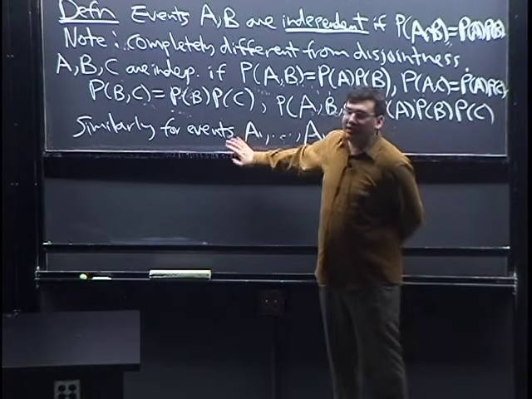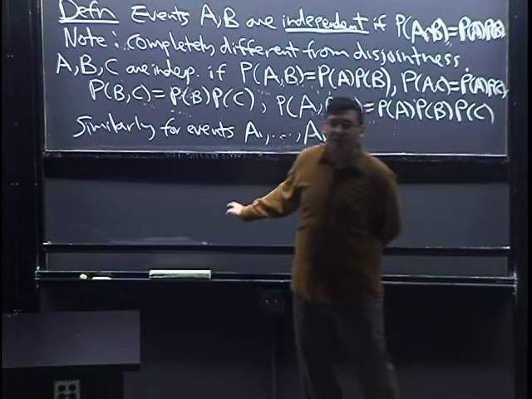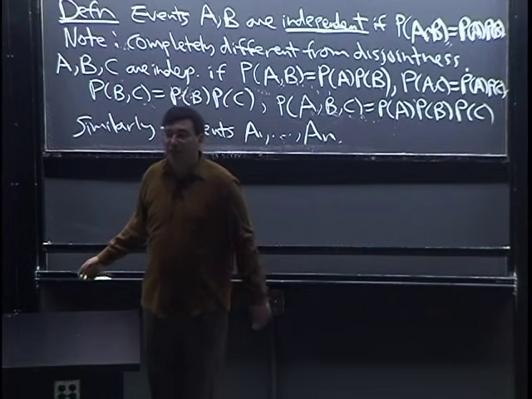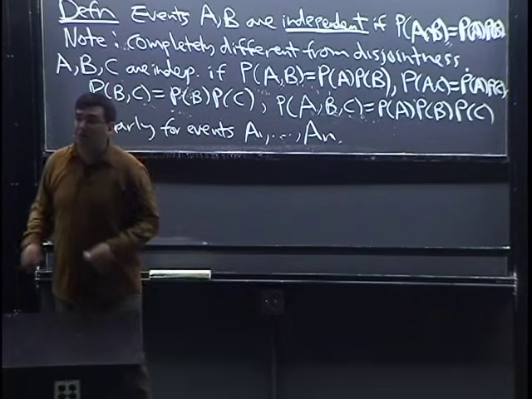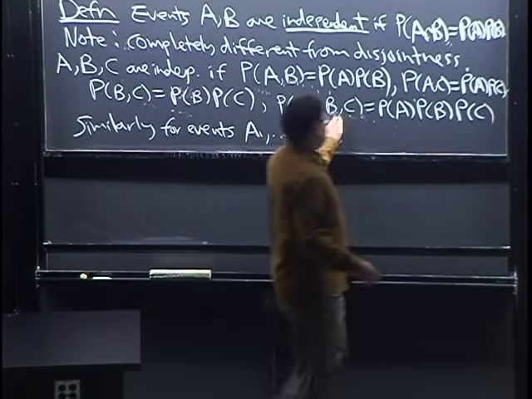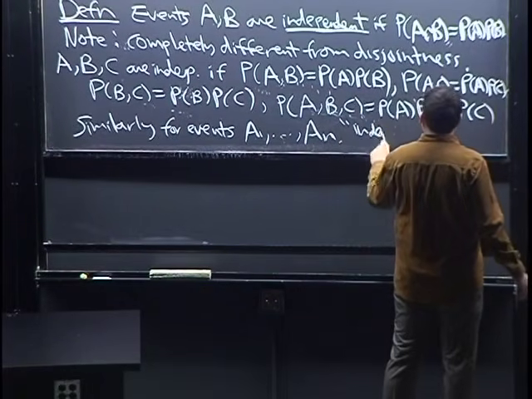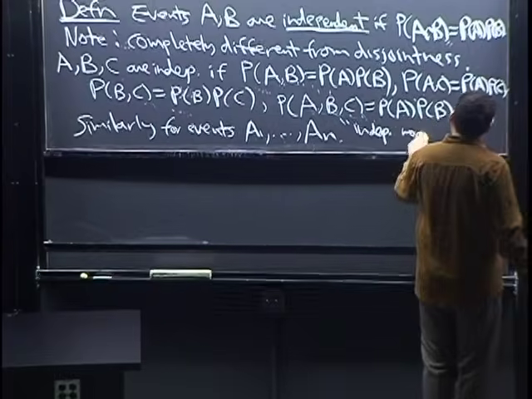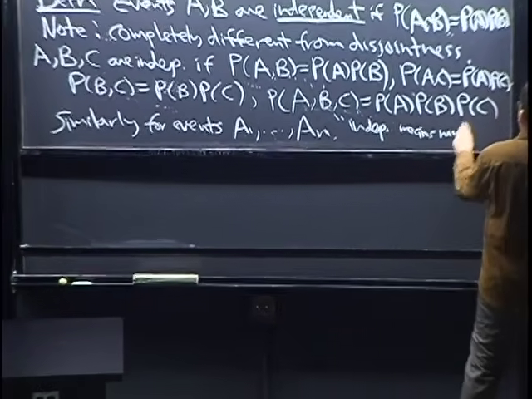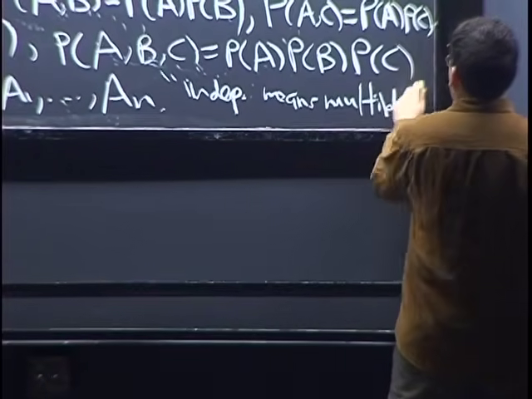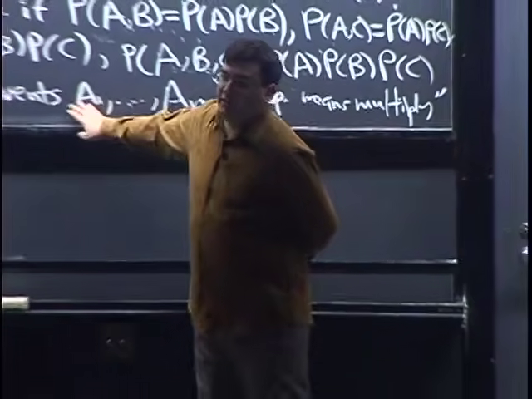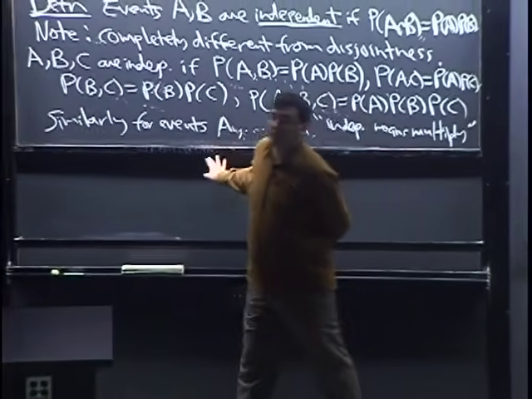So that looks pretty unwieldy. We have lots of different equations. So later we'll see other ways to think about independence. But just the basic rule is independent means multiply when we're trying to find the probability of an intersection. So that should be true no matter how many of the events we take. We could take any subset of these.